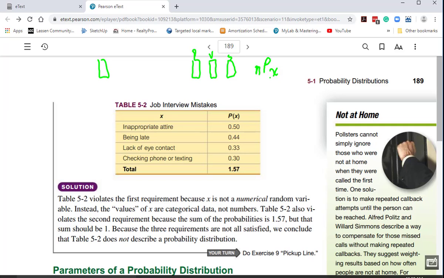So now I got 3, and let's say order doesn't matter. So you have 3 janitor jobs to fill. It doesn't matter if the first guy fills that job or that job, because they're the same job. But over here, there are 3 different jobs.